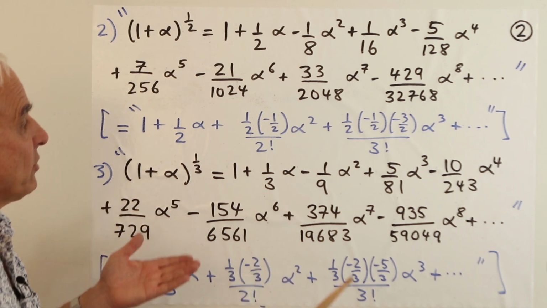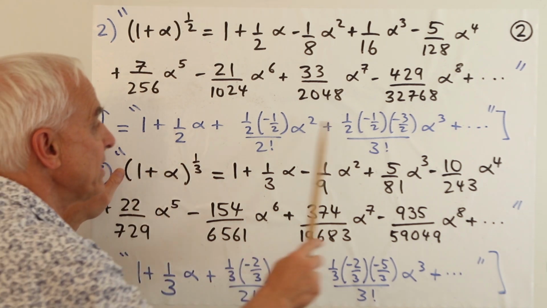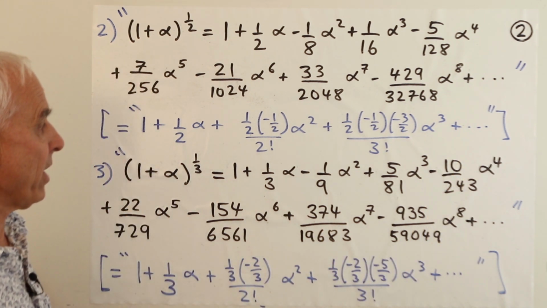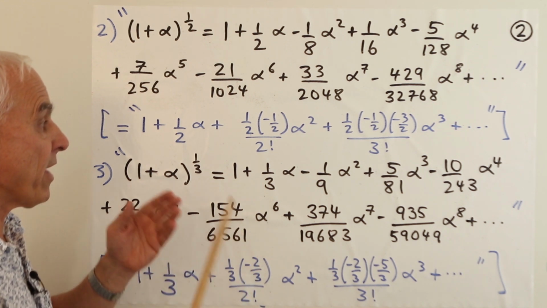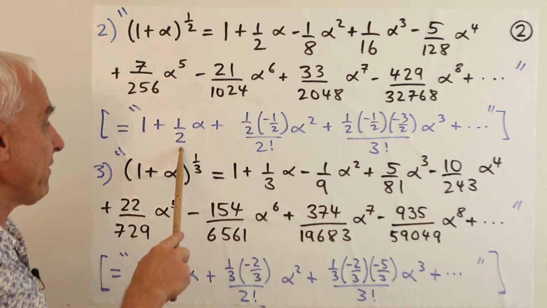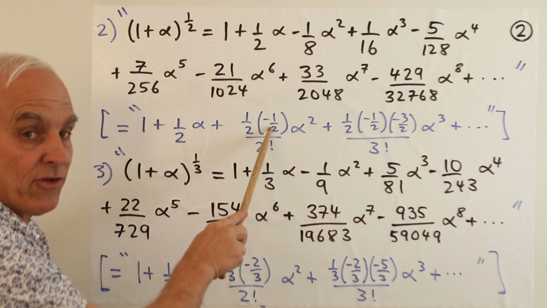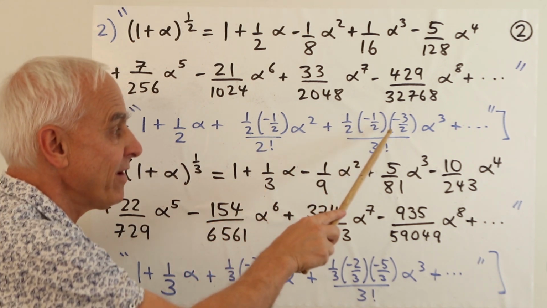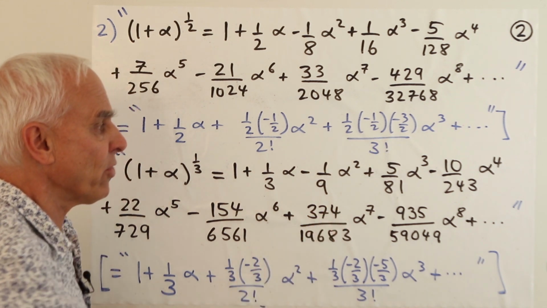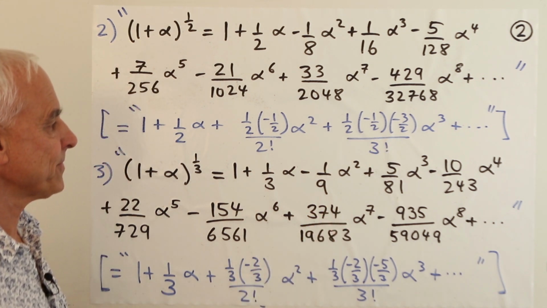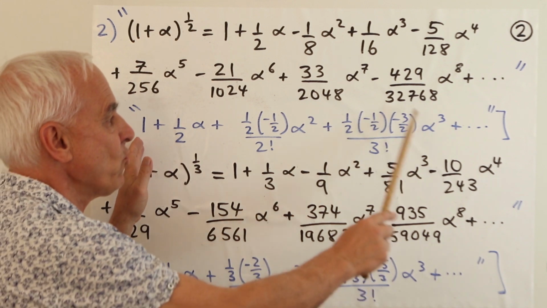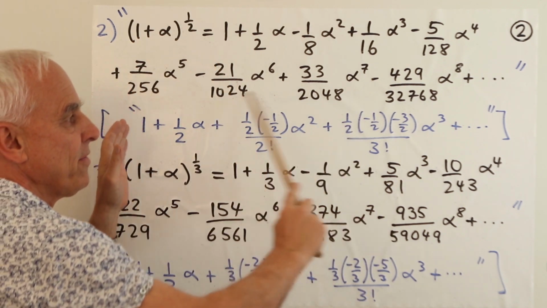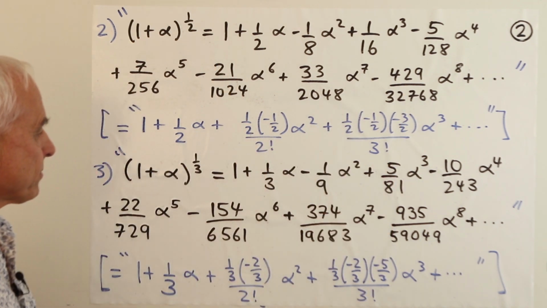And this turns out just to be what we get when we take the Newton formula and replace r with a half. So there's a half, there's a half times (a half minus 1) over 2 factorial, there's a half times (a half minus 1) times (a half minus 2) over 3 factorial, and so on. So this is a nice way of remembering where these coefficients come from.